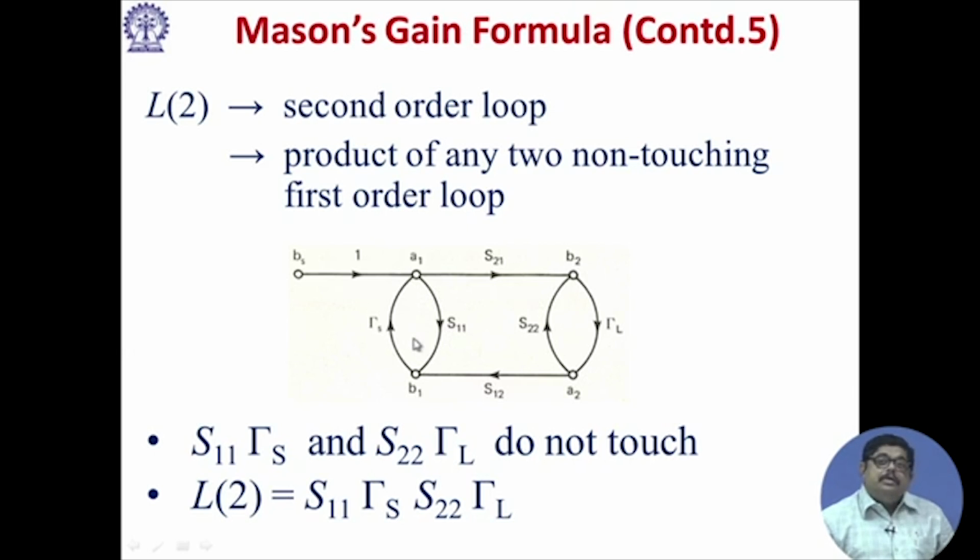So, there is one second order loop. That is S11 gamma S and S22 gamma L, they do not touch. So, we will write L2: there is one second order loop, and that loop value is the product of these two, S11 gamma S into S22 gamma L.